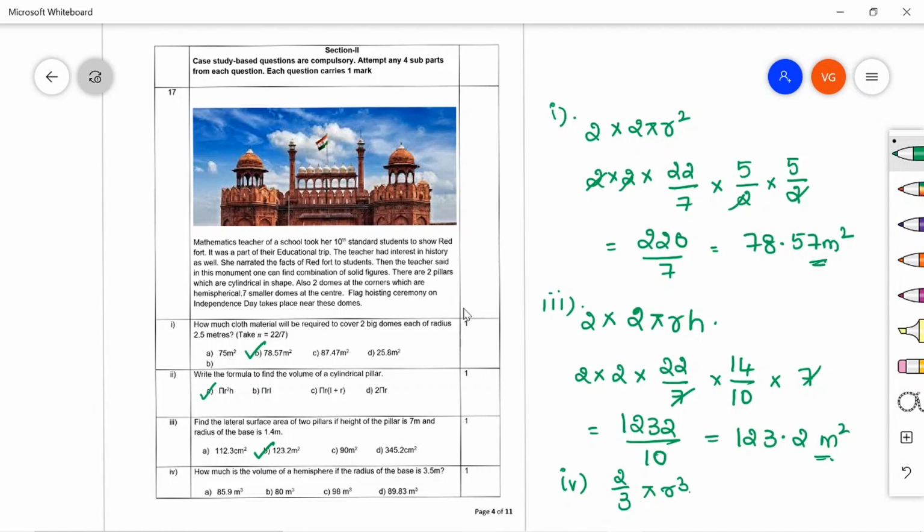So directly you can substitute 2 by 3 into 22 by 7. Radius you are given with 3.5. I am writing it as 7 by 2 whole cube. So if you solve this, you will get 89.83. So that will come to option D. Just do the multiplication. You will get 89.83 meter cube.